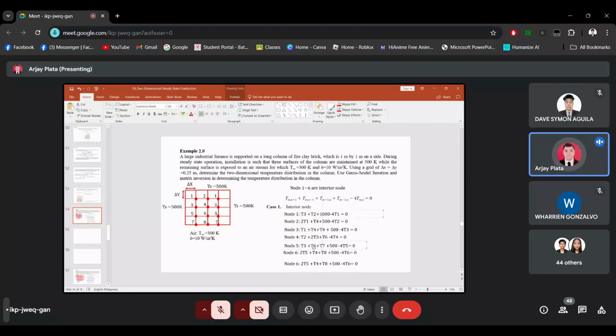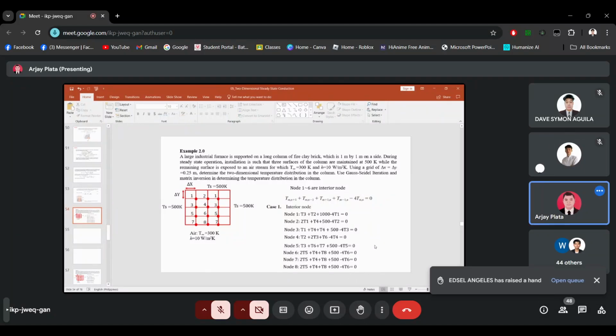I'm arranging it so that it will fit. Nodes 7 and 8 will fit this. Yes.